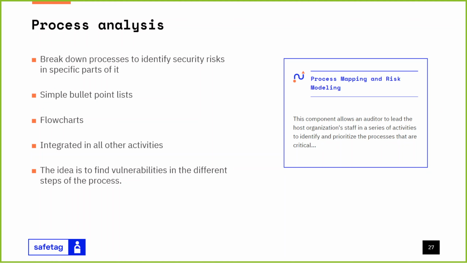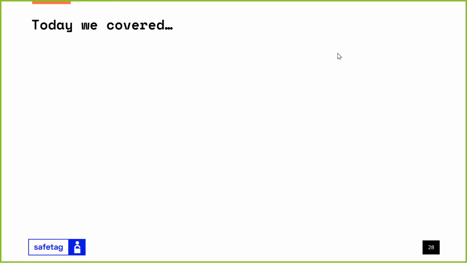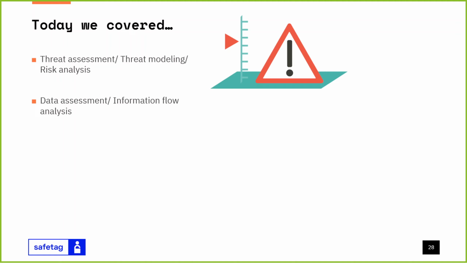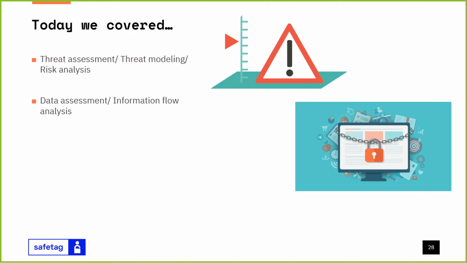Cool. Well, so far we covered today, not a lot, but 3 very dense topics. We have threat assessment, threat modeling, risk analysis, data assessment or information flow analysis, and process analysis.